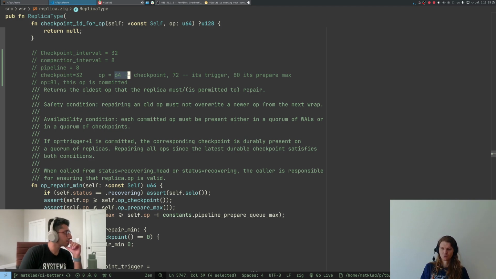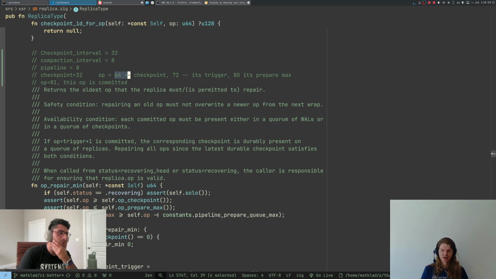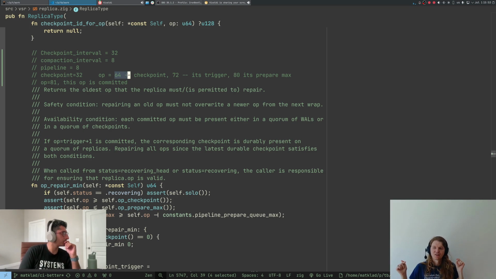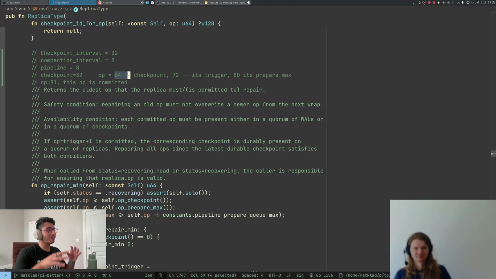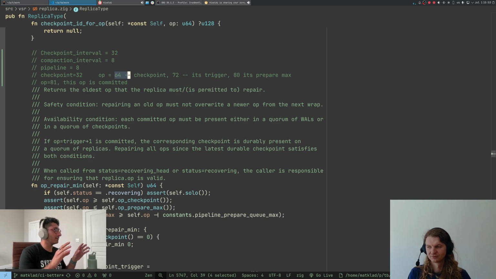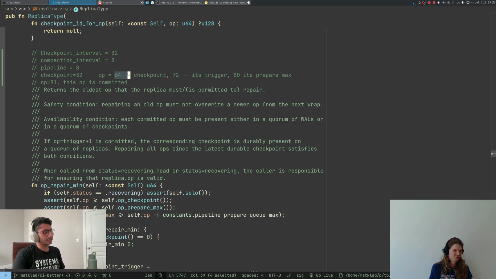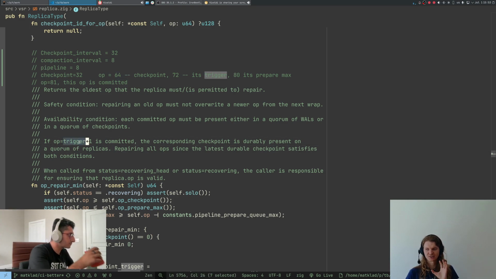Moreover, you know that this op is committed, so you know that the primary has received a quorum of prepare OKs. And that means that a quorum of replicas appended this op 81. So whoever sent a prepare OK is on checkpoint 64. We can ensure that, yes, because they also have the same prepare max. So correct, that's why we do this inference. So this inference is correct.